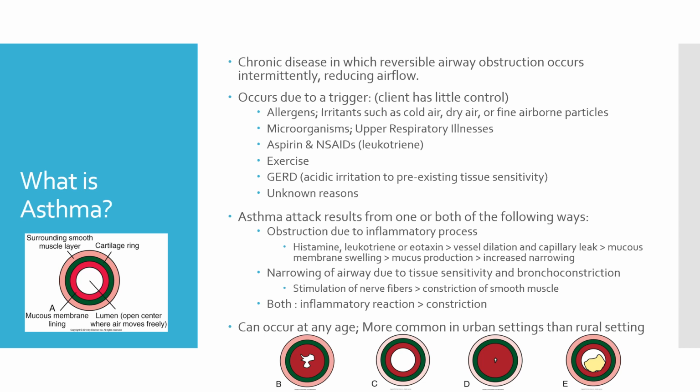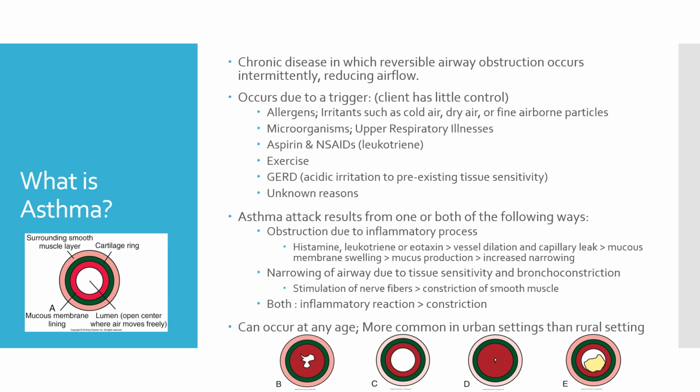Could be a microorganism or upper respiratory illness. It could just be that they took an aspirin or an NSAID and they're allergic to it and they didn't know. And that anti-inflammatory effect, again, their body just overreacts to it because these are leukotriene modifiers. Exercise can also trigger it. Reflux can too, because of the acidic irritation to the esophagus.